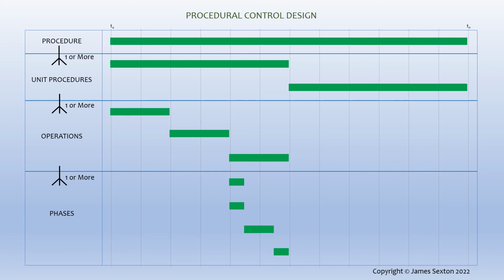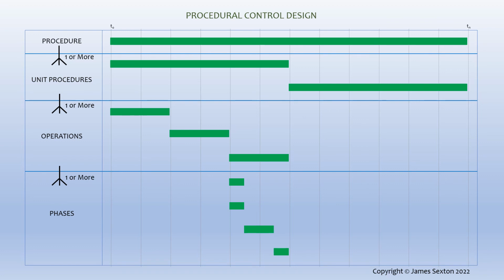The highest level is called a procedure. It defines the required set of processing activities for a single batch, typically through the initiation, organization, and control of unit procedures. A unit procedure is a strategy for carrying out all or part of a process stage, typically through the initiation, organization, and control of operations.